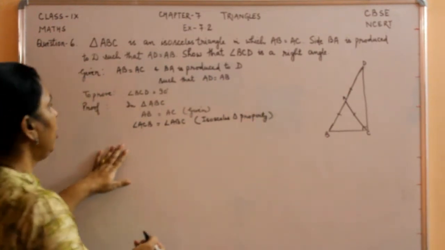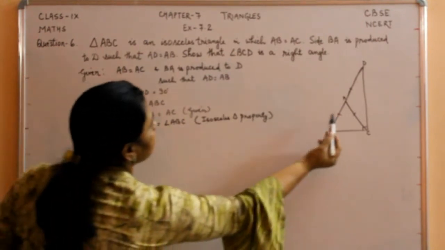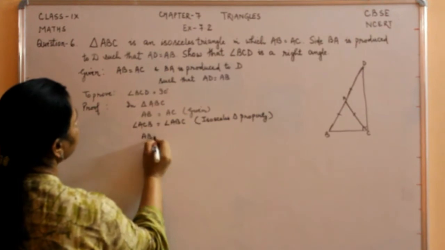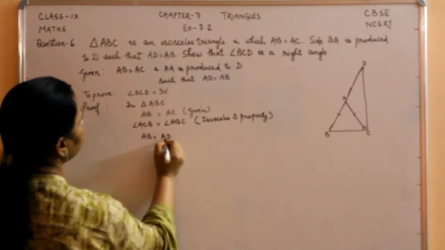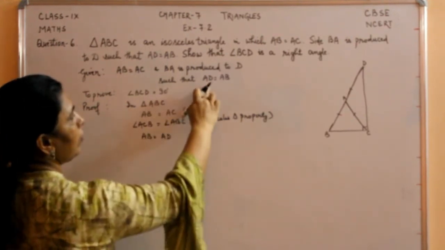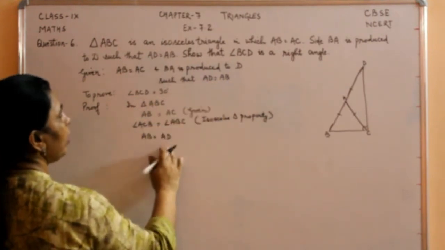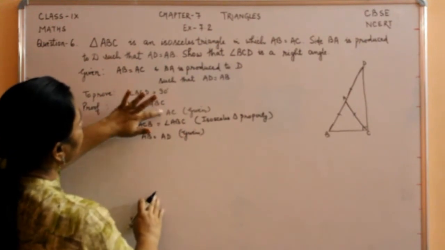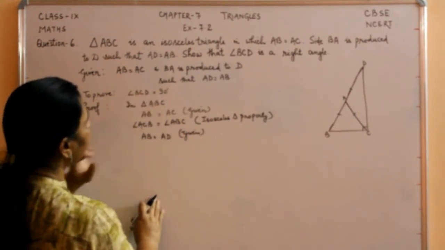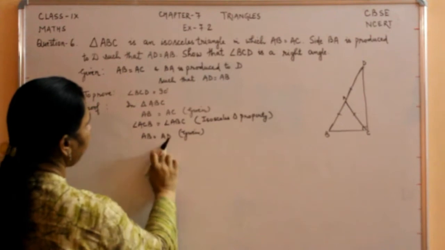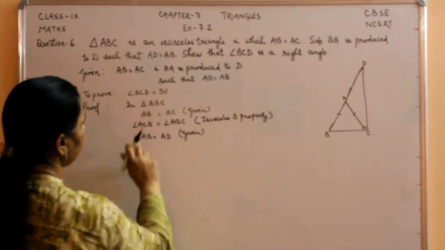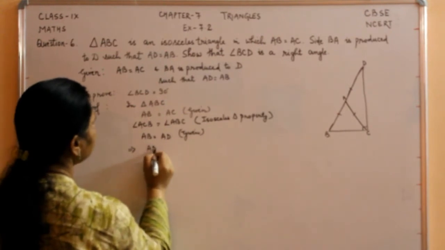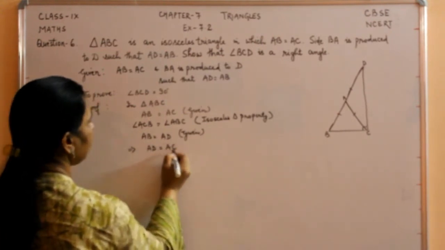Okay. Now, this is given that AB is equal to AD. AD is equal to AB or AB is equal to AD. This is also given. This AB is equal to AC and AB is equal to AD implies AD is equal to AC.